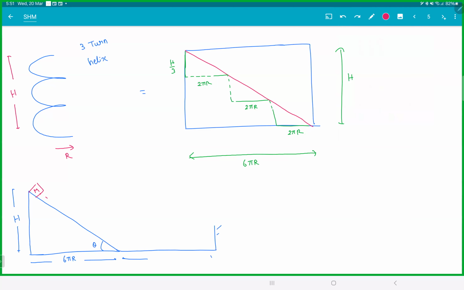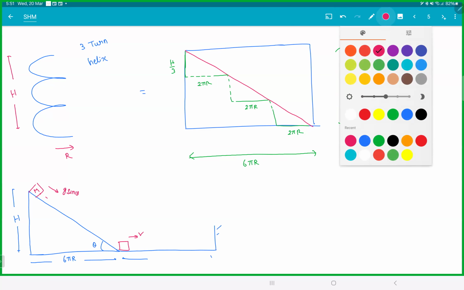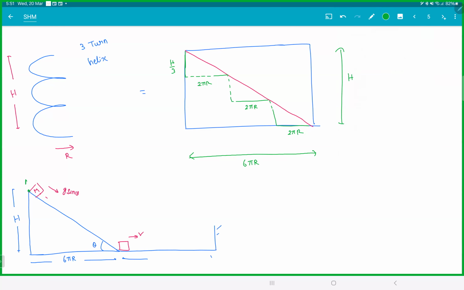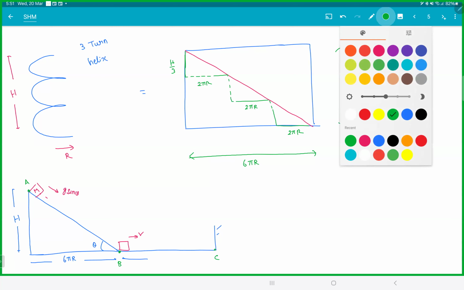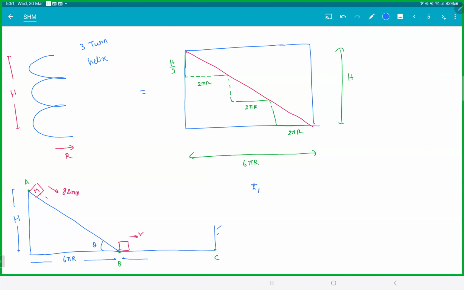So how will the block go? This will go down with g sine theta. Once the block reaches here, it will gain some speed v. So if I call this point as A, this point as B, and this point as C, the time taken to go from A to B: use the kinematics equation, S is equal to ut plus half at square.